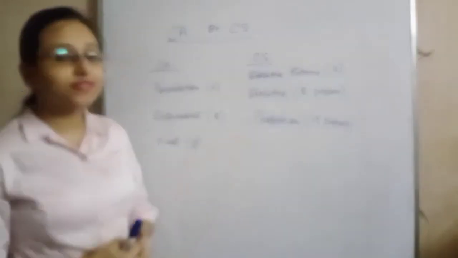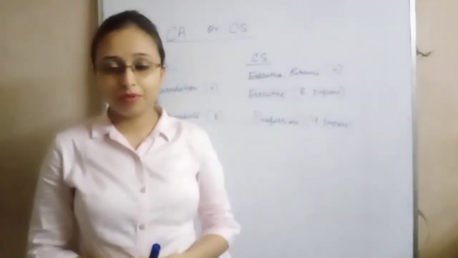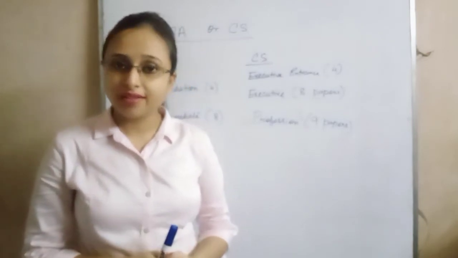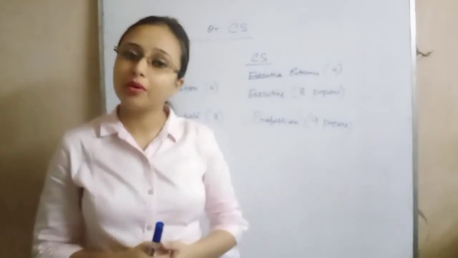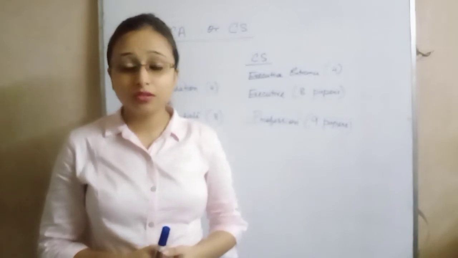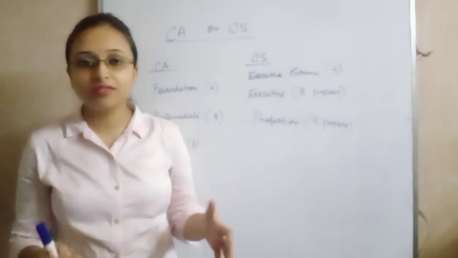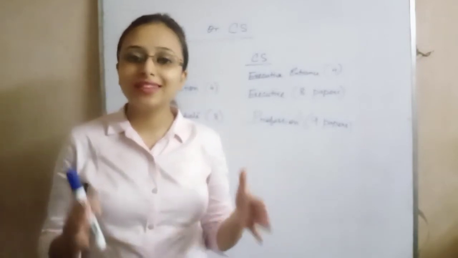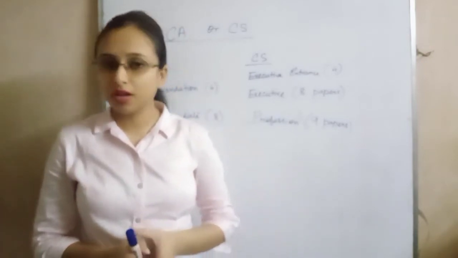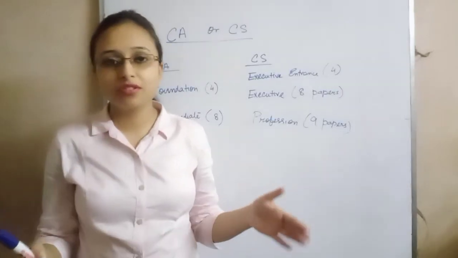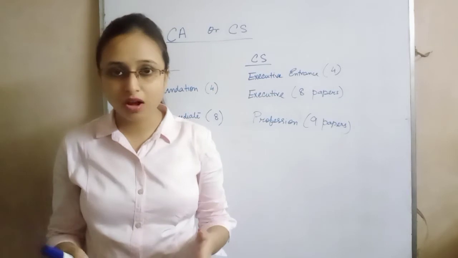We usually start CA or CS preparation just after our plus 2 levels, because in plus 2 we have created our base. What is accounting, what is commerce, what is law, we are a little bit familiar with in plus 2, because up till class 10 we were not familiar with the subjects of accountancy or commerce.